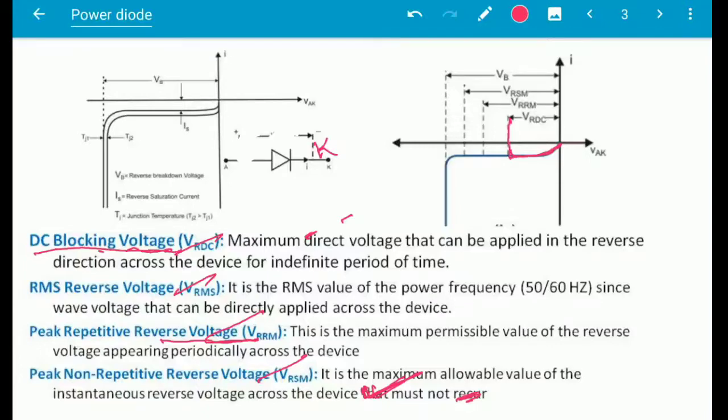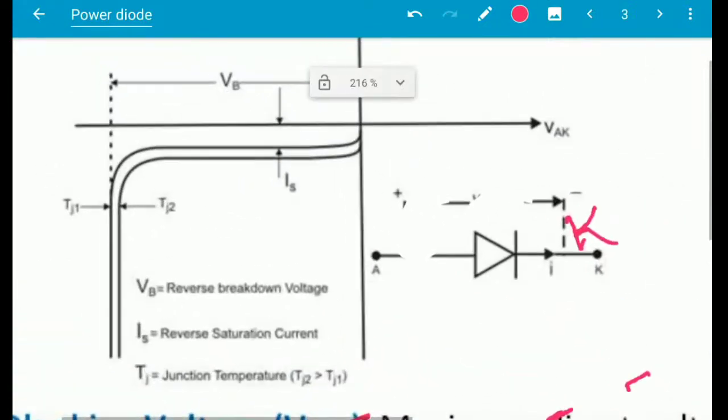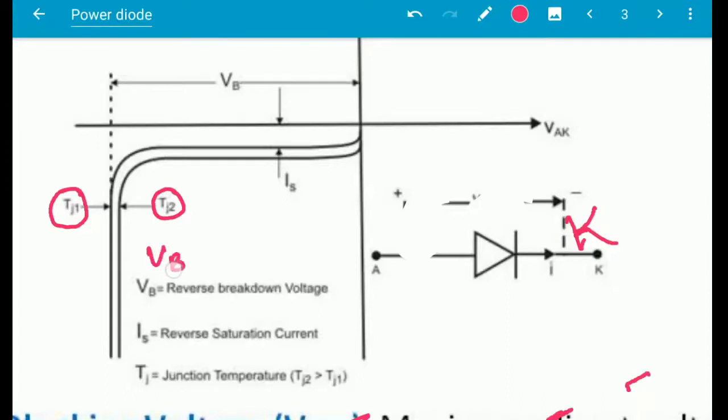Another thing we have to remember, if I zoom in, is the junction temperature. If we increase the junction temperature, then the breakdown will occur earlier, that means the breakdown voltage VB will be lower. Here is the leakage current.